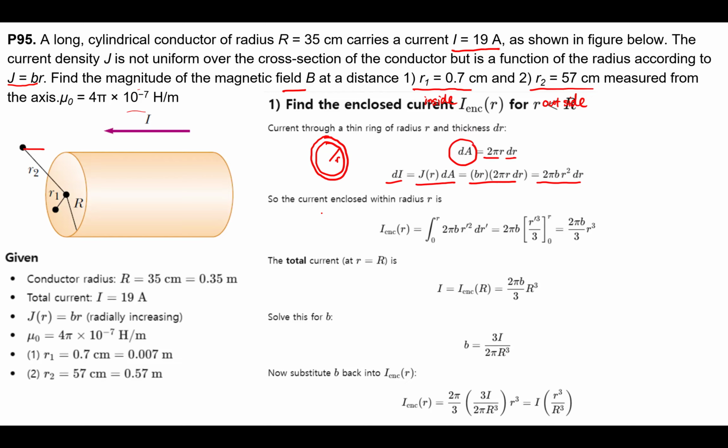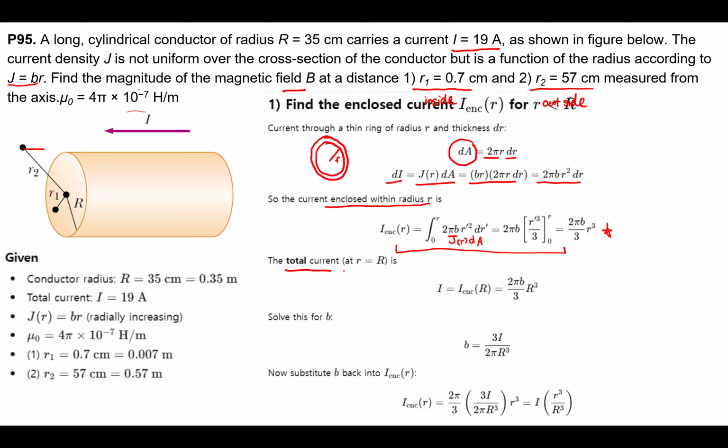And then the current enclosed within the radius r is given by this one. So if you do the integral of J(r) dA, it's going to be this one.